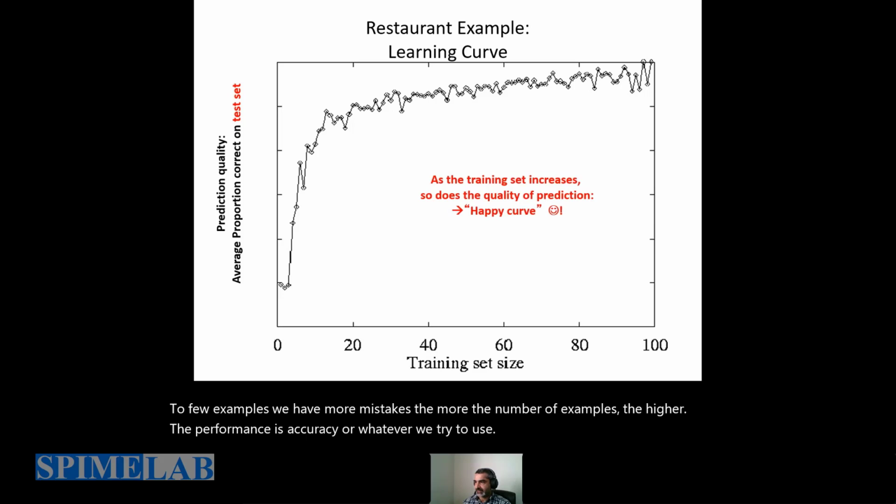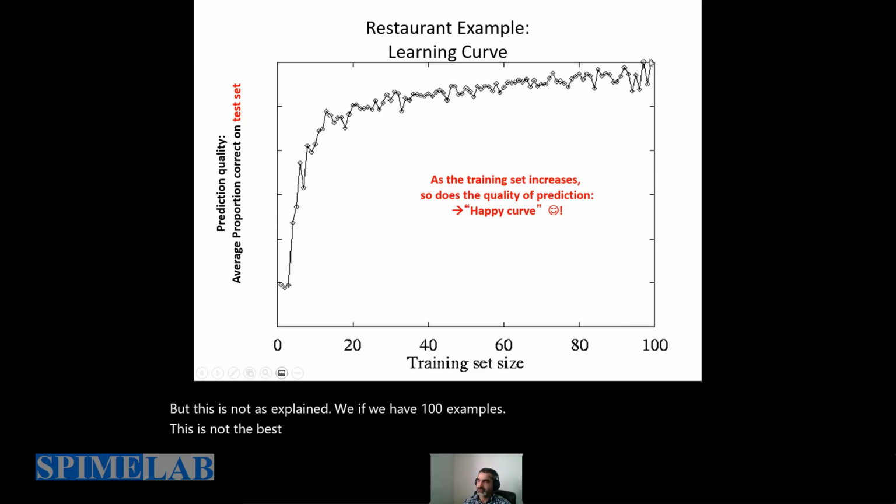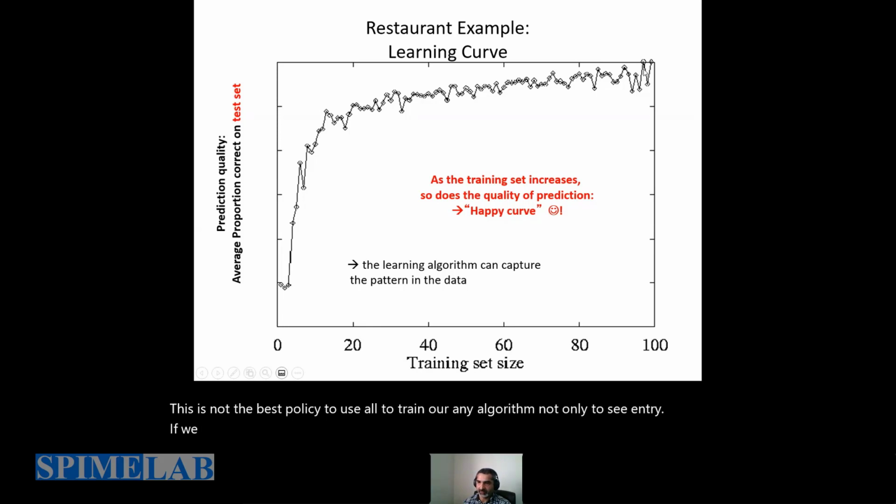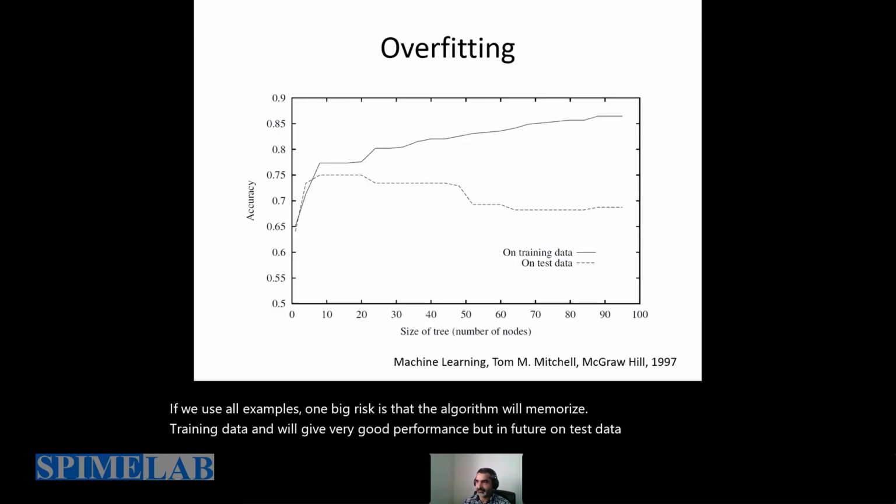But as I explained, if we have 100 examples, this is not the best policy to use all of them to train any algorithm, not only decision trees. If we use all examples, one big risk is that the algorithm will memorize the training data and will give very good performance, but in future on test data, it will fail terribly.